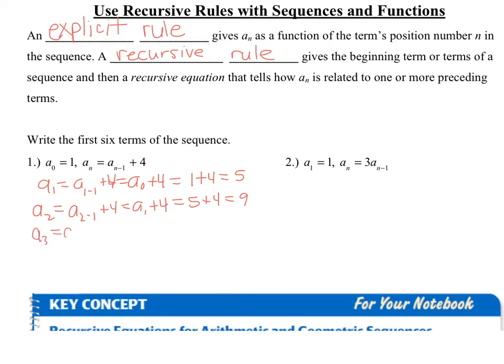A sub 3 means a sub 3 minus 1 plus 4, so a sub 2 plus 4, and the second term was 9, so 9 plus 4 equals 13. So you can see we just keep adding 4 to the previous term.